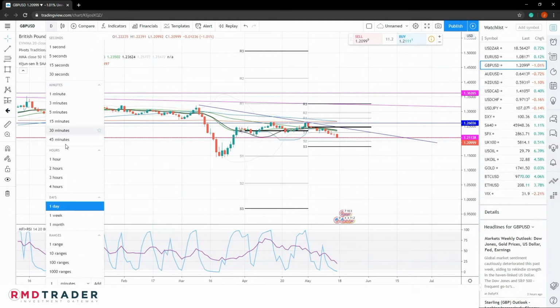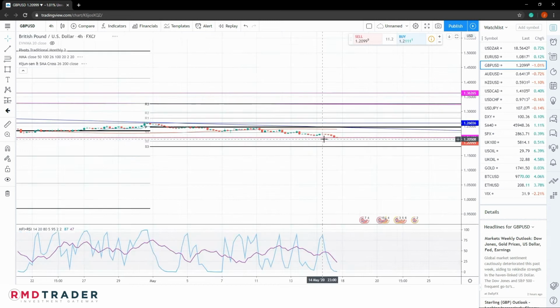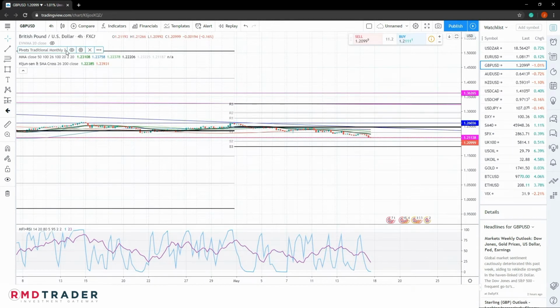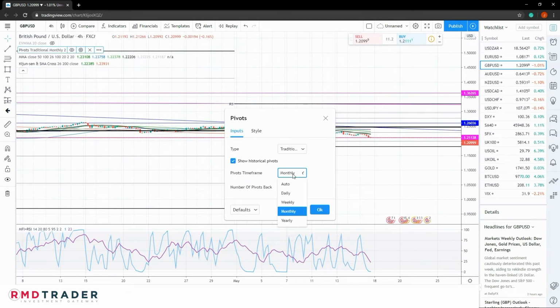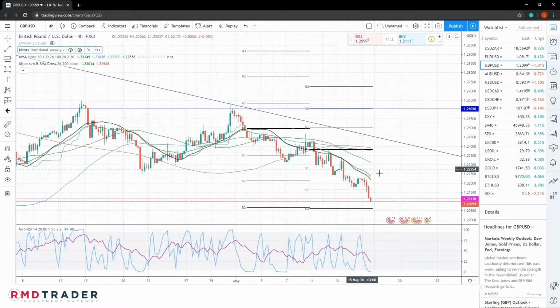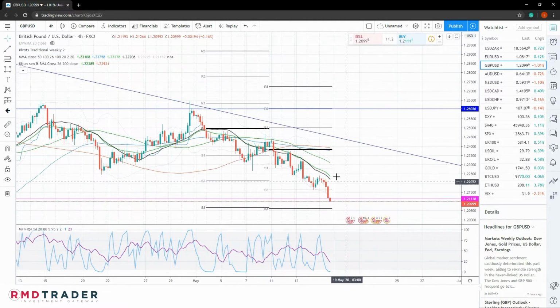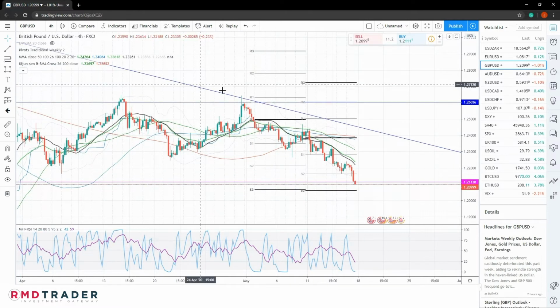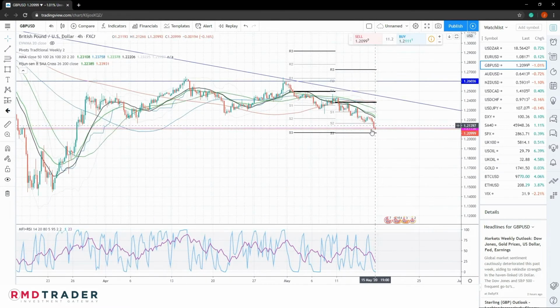Just quickly look at the 4-hour time frame, and also perhaps just looking at the weekly pivot levels. We can see that the weekly pivot levels would not have generated as yet. That will only happen tomorrow morning. But now we can see that we have moved away from this diagonal support level, and we are currently sitting right on a level of support.